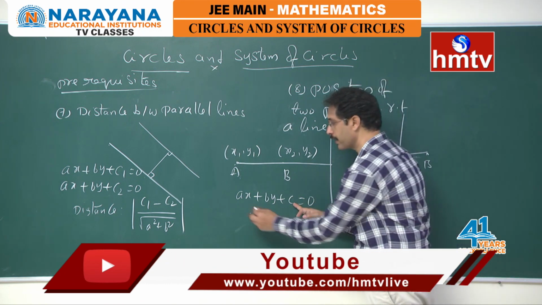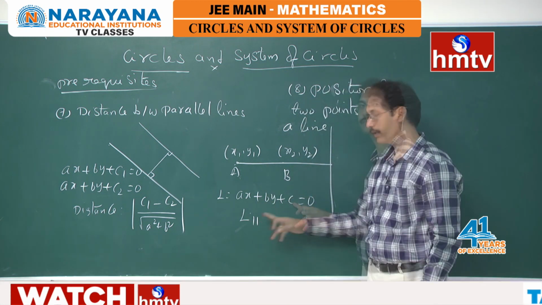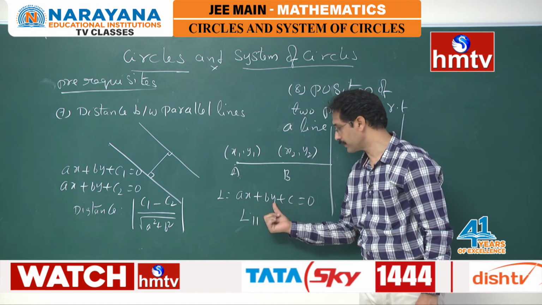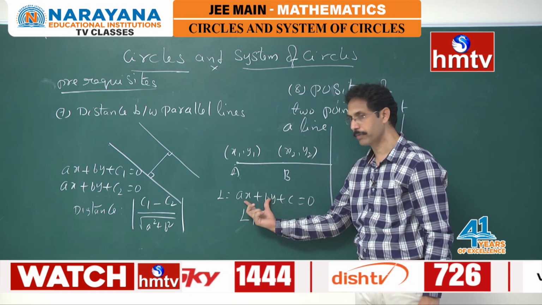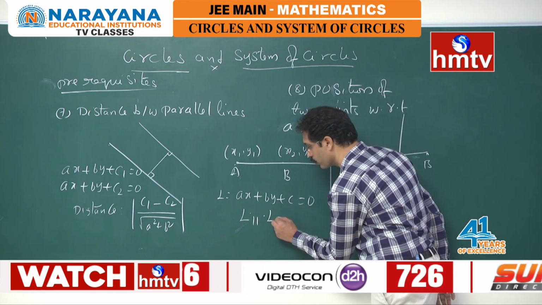That we denote by L11. Similarly, on substituting x2, y2 in place of x and y, you get another real number, that is ax2 plus by2 plus c, that we denote by L22.